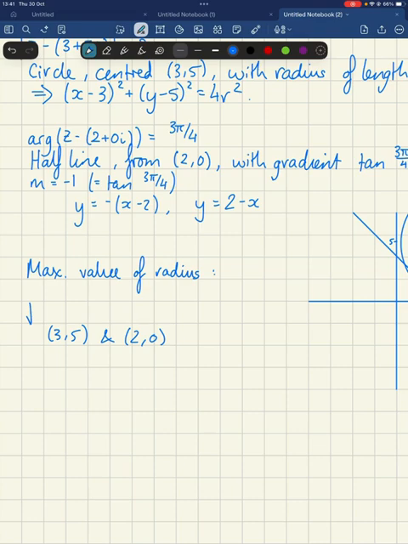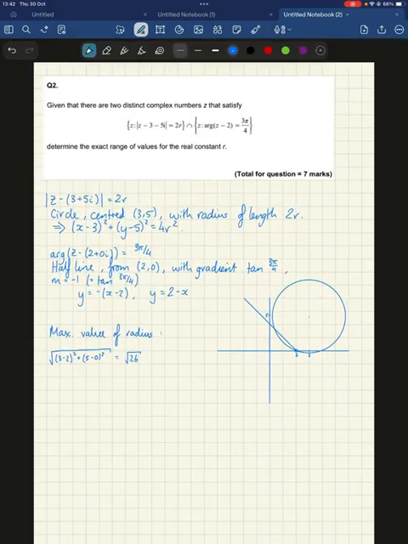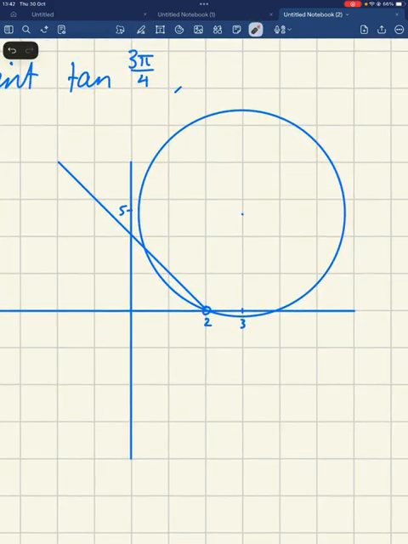Well, this is going to be 3 minus 2 squared plus 5 minus 0 squared. So that's all square rooted, and this is the square root of 26. So that's the maximum value of the radius, which is this.